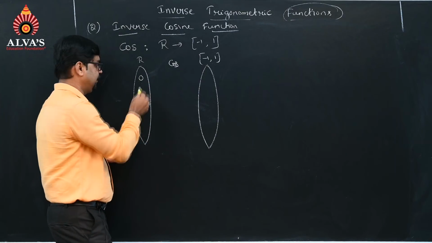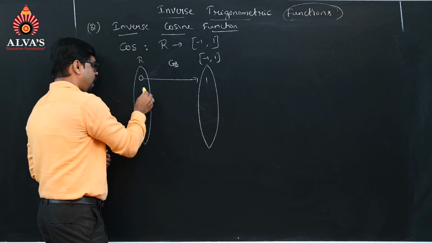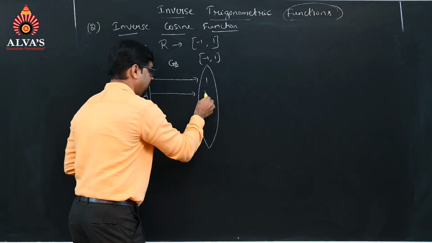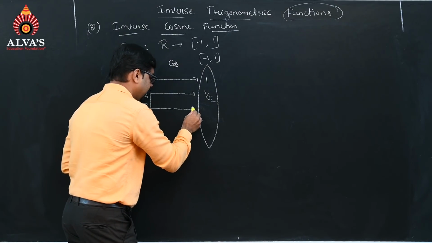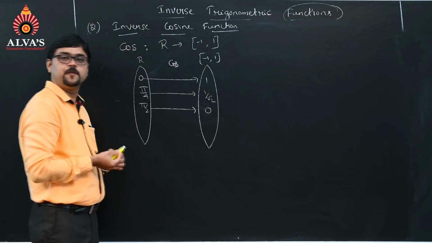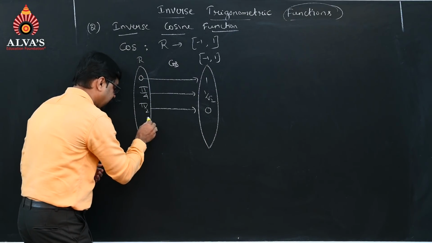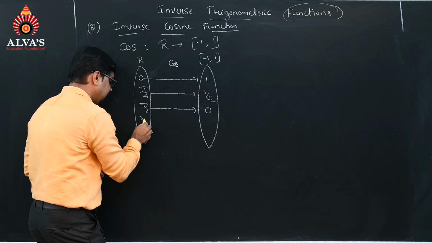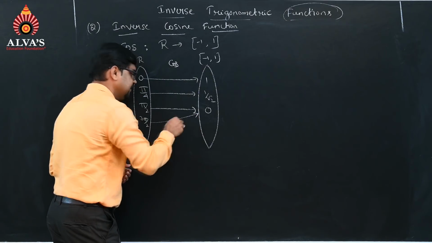First I will start with 0. The value of cos 0 is 1. Cos pi by 4 will be 1 by root 2. Cos 90 will be 0. And if I continue to check like this, if I go for cos 3 pi by 2, that is also 0.